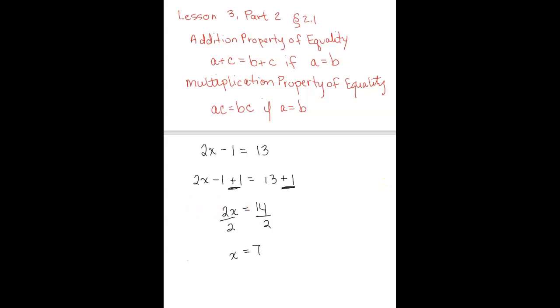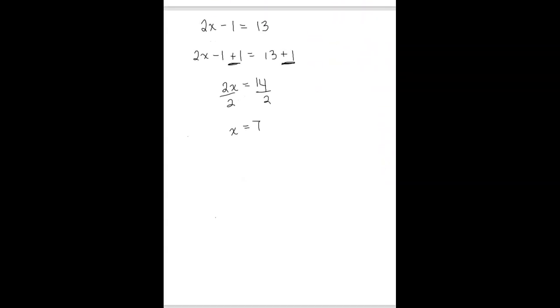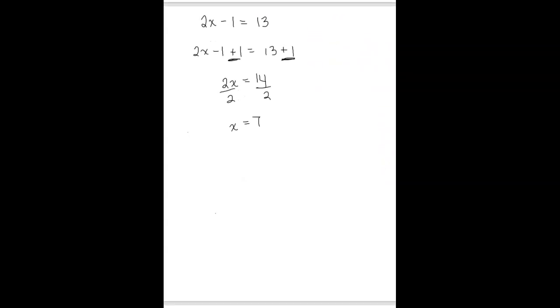Now, this is something that we don't do nearly as often as we probably should, which is to check our value to see if it actually does work out. I'm going to say this x is equal to 7. I'm going to plug that back into my original problem and process that.